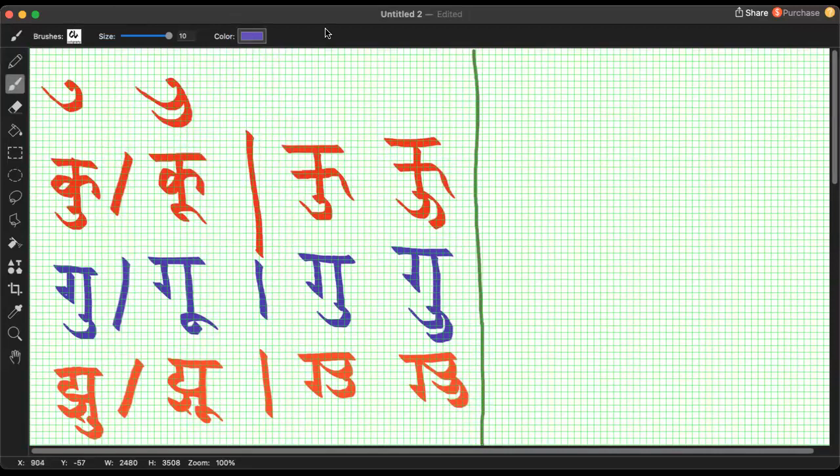Then we have nyo. Okay, that is ch, ch, j, j, nyo, chavarganya. This is Devanagari.